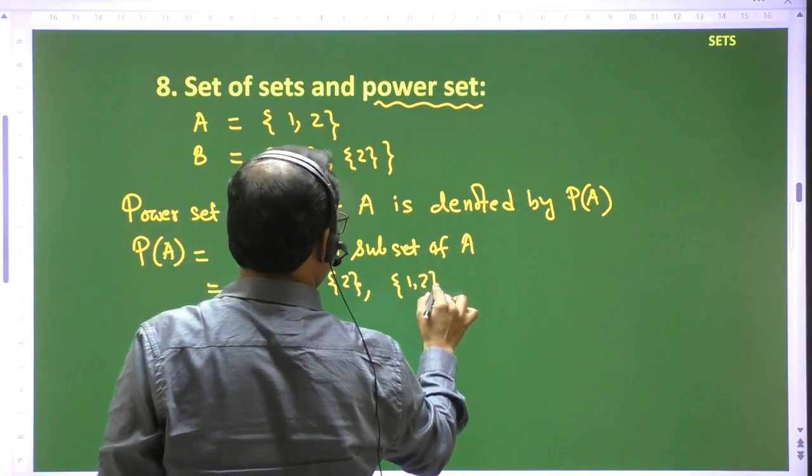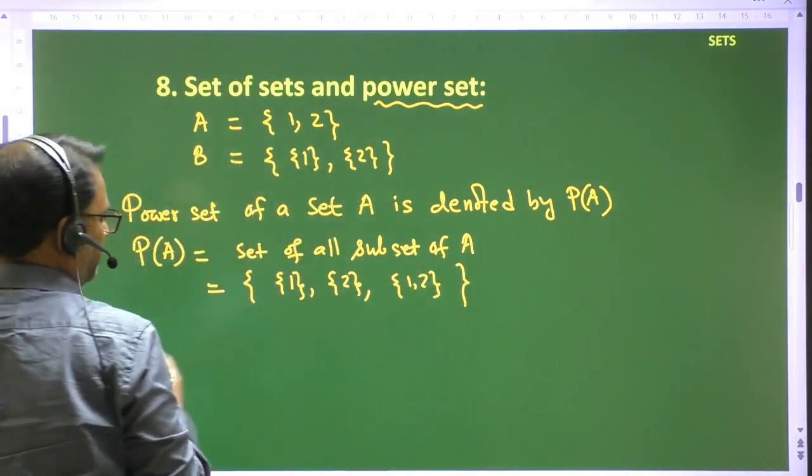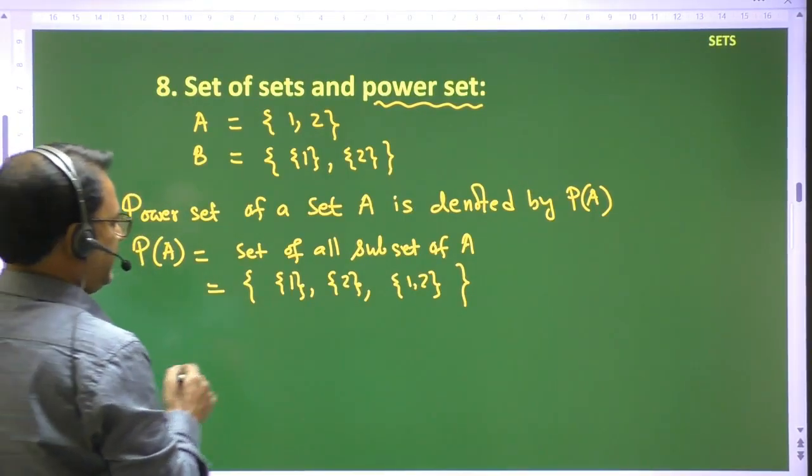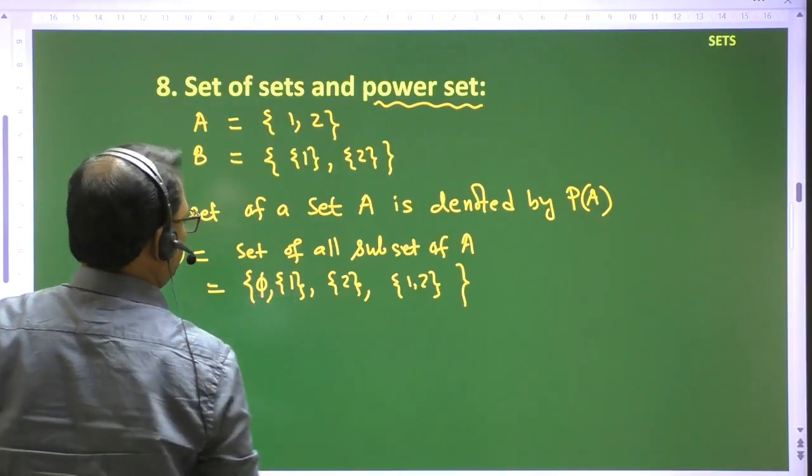So this is also a subset, and we know that phi, the empty set, is a subset of every set. So again we have to take phi also.